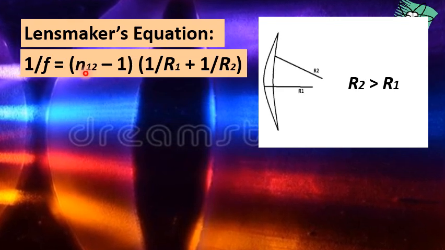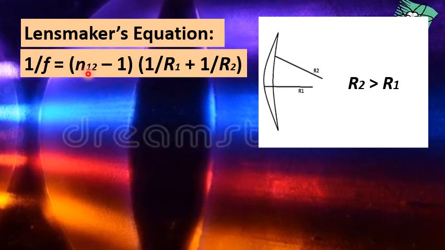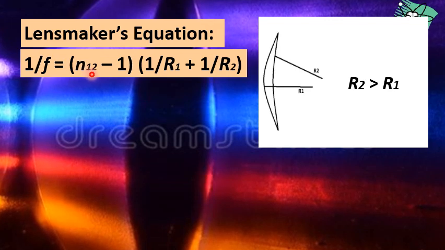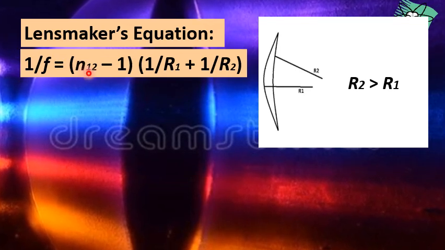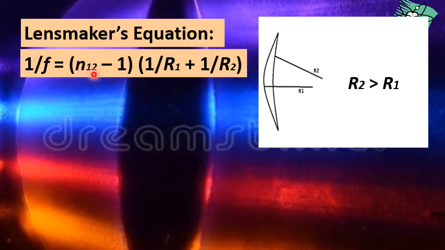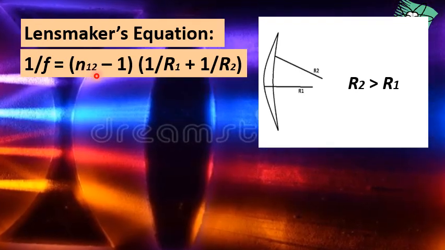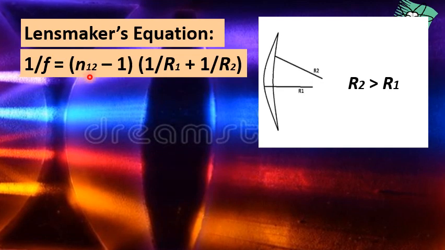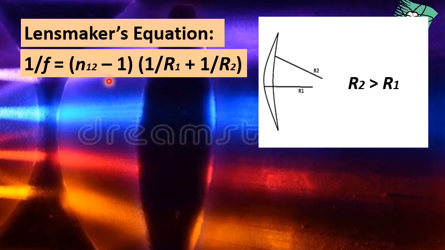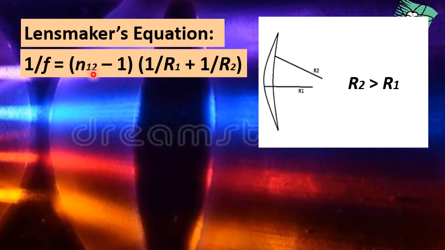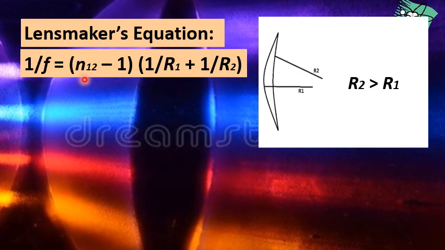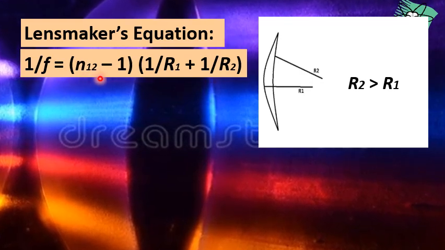For example, the lens is made of glass. So n sub 1,2 means the index of refraction of glass divided by the index of refraction of the surrounding medium. Usually, the surrounding medium is air, whose index of refraction is, of course, 1.00.